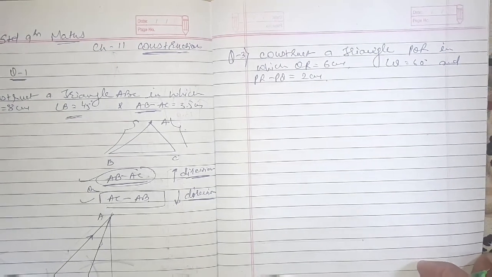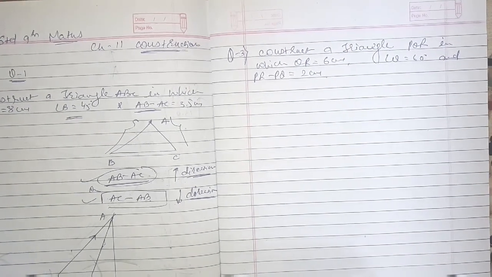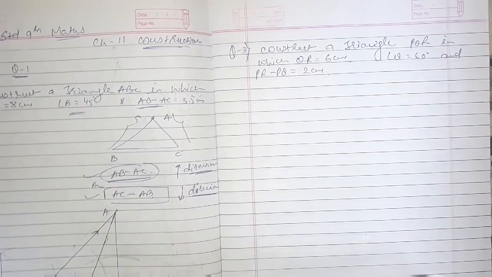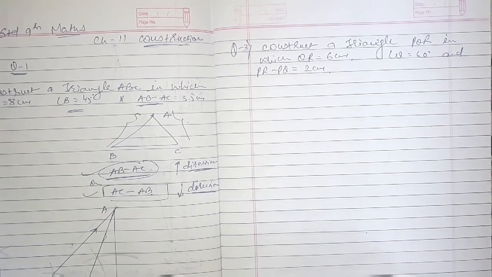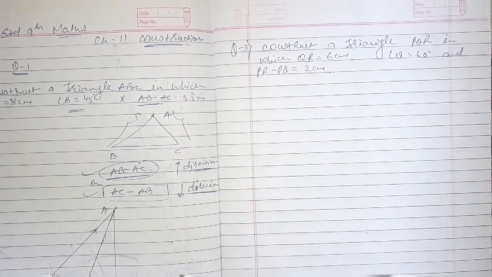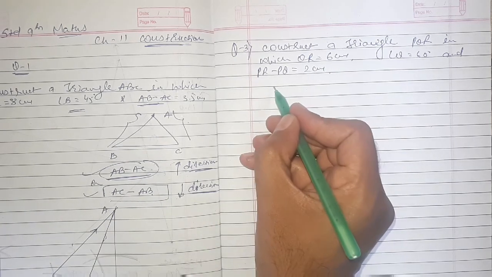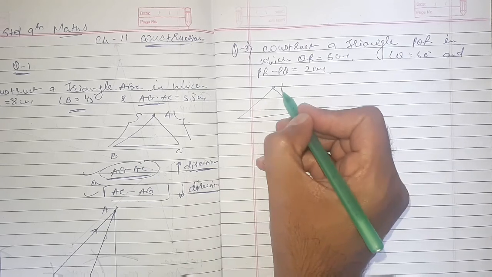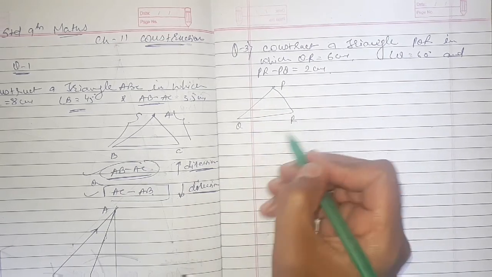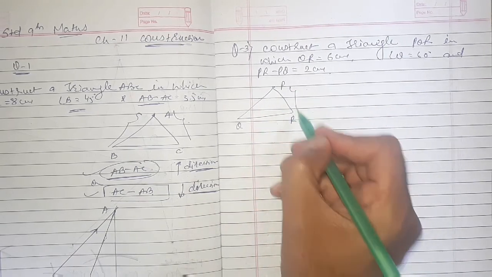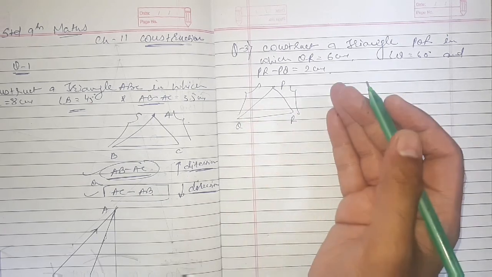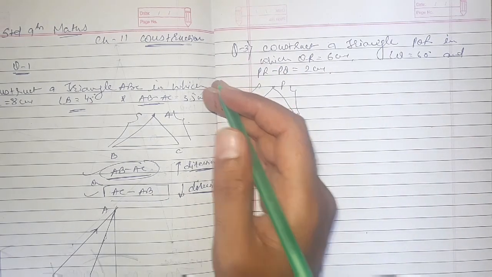So now we have to construct. First of all, triangle PQR. Here PR minus PQ, that is right hand side minus left hand side, is given.